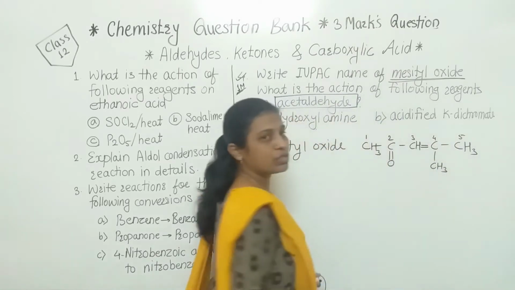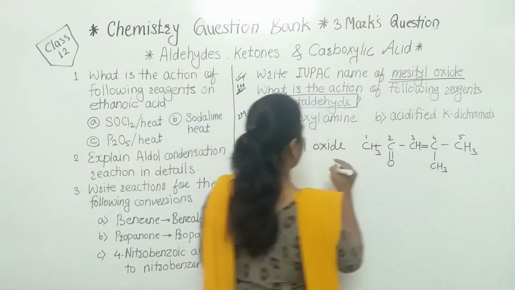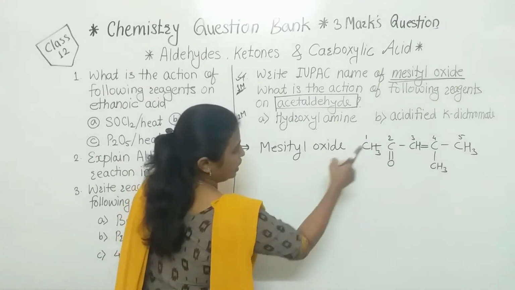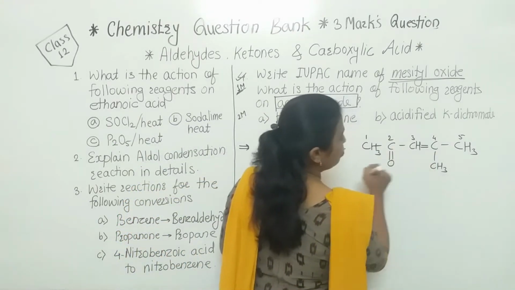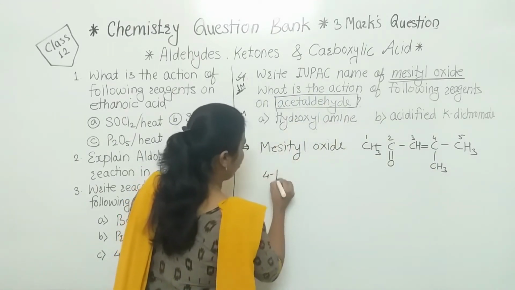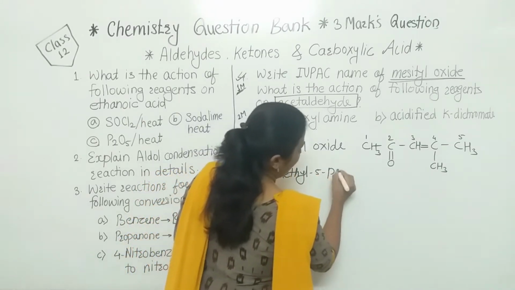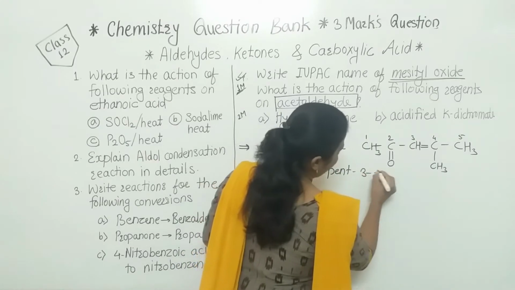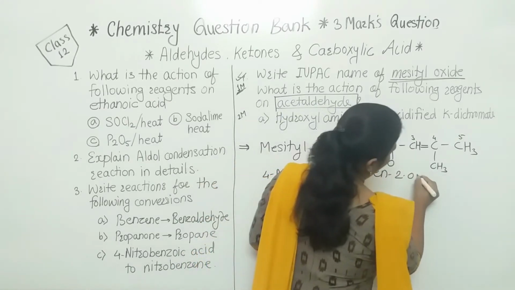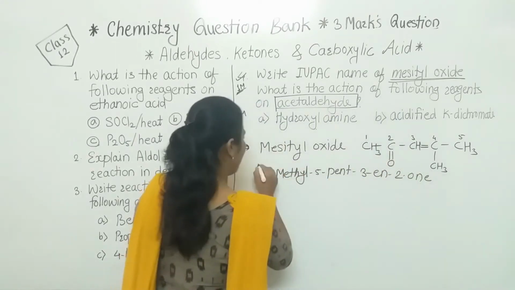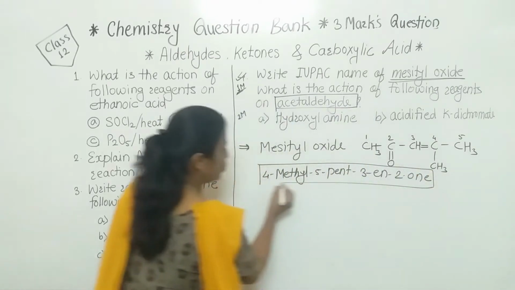Left to right we have to start numbering, and its IUPAC name will be 3-ene is there. At 4 position methyl group is there. So 4-methyl, pent-3-en-2-one.